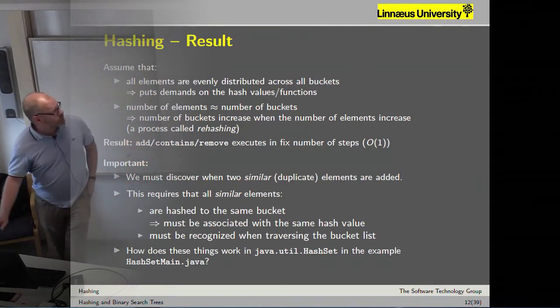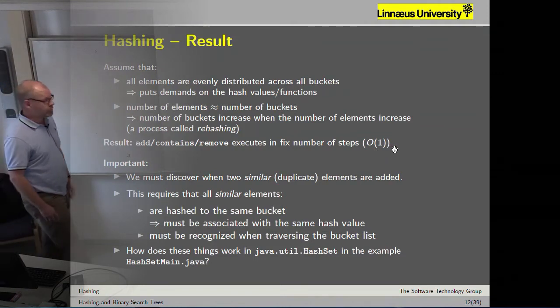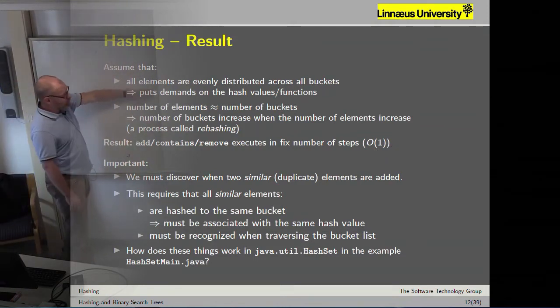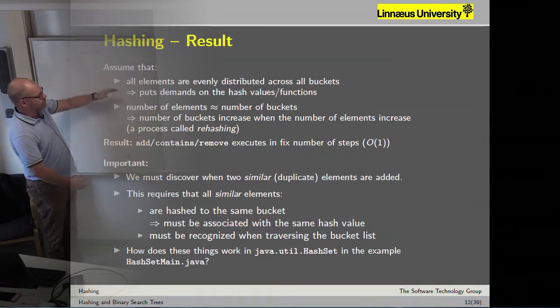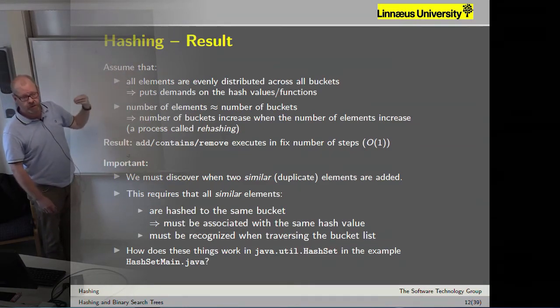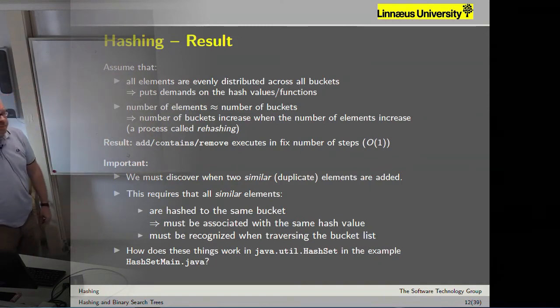So this is the reason why add, contain, and remove execute in a fixed number of steps. That means we are saying in constant time. If we have 1 million elements in a table of size 1 billion, it doesn't matter from 1,000. The work will be the same and the time will be the same to look it up. Did you get the idea?